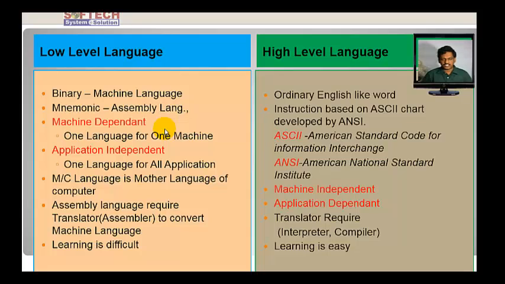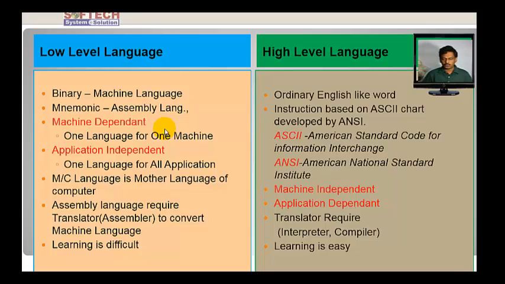By using this instruction set, we write a program for the 8085 processor. We cannot apply the same program to the 8086 or Z80, because 8086 has its own instruction set, and Z80 also has its own instruction set. So one language for one machine, that is one instruction set.